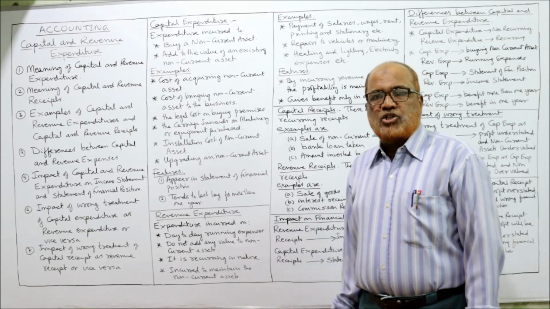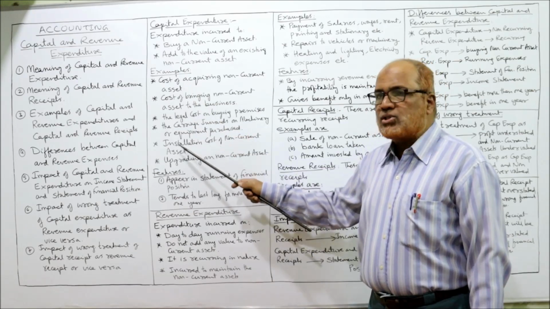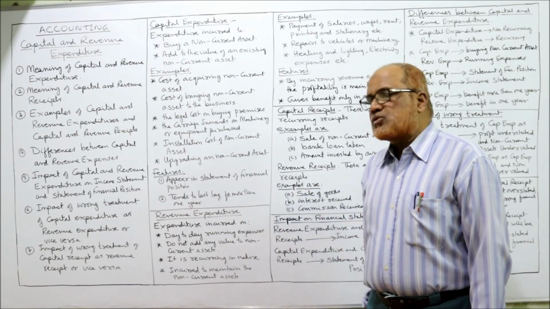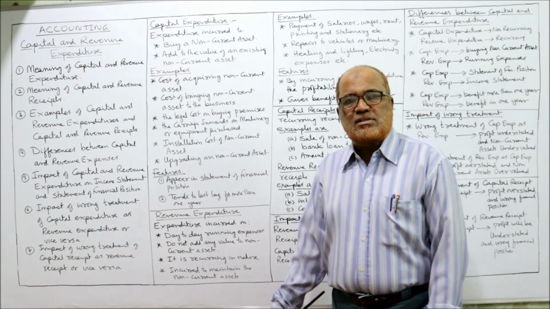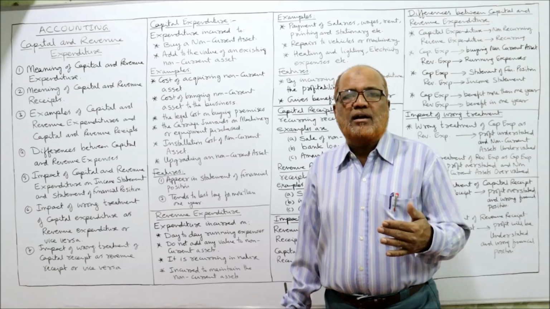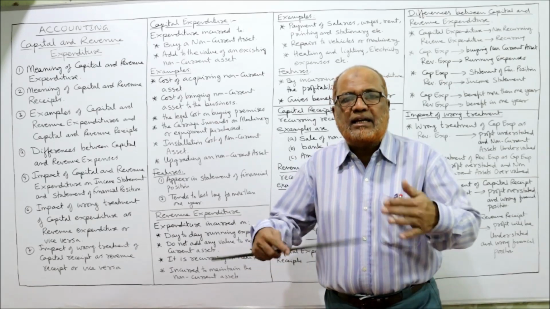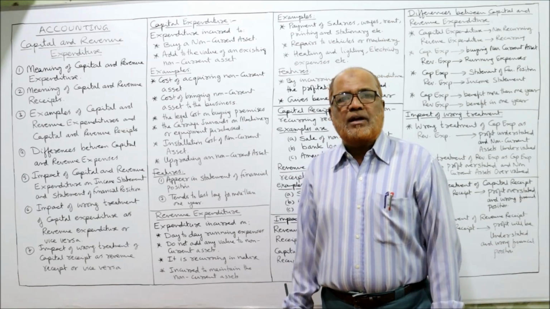Now, revenue expenditure. I explained the meaning, then examples, then features of capital expenditure. Revenue expenditure is expenditure incurred on the day-to-day running of the business. The recurring expenses, the operating expenses incurred to run the business, are called revenue expenditure.